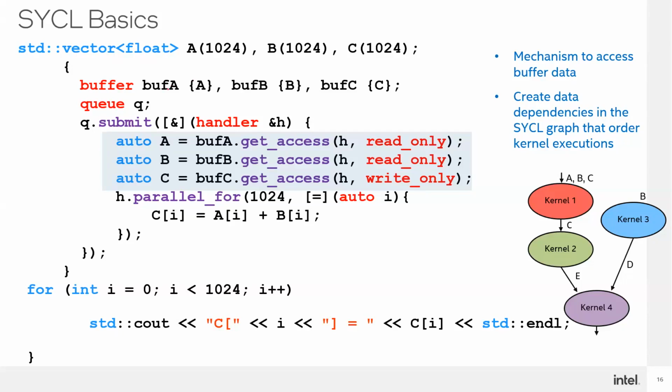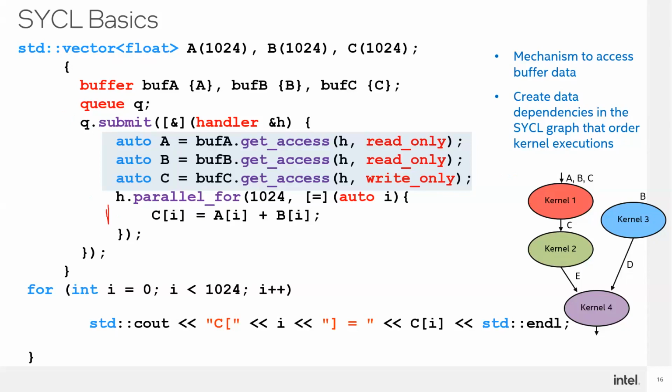This is used by the runtime to build a dependency graph. And this dependency graph takes care of the execution order of the kernels, which means in this naive example, we have only one command group submitted to the queue and only one kernel.